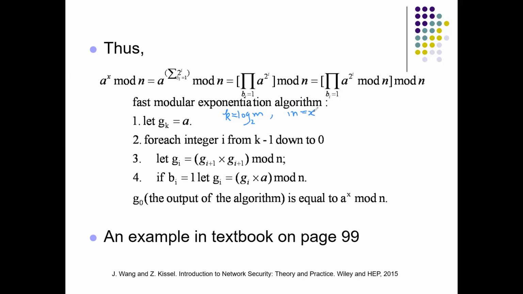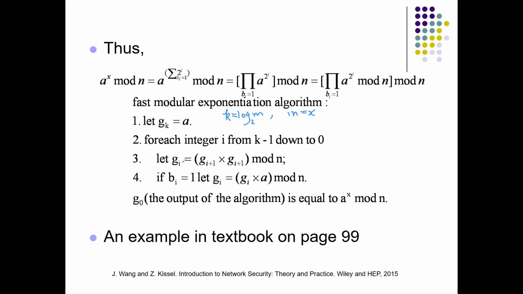Then we start with g_k, which is a. And then I let this index i go from k minus 1 down to 0, because b_k is always 1. So we just need to figure out the rest of the b_i.